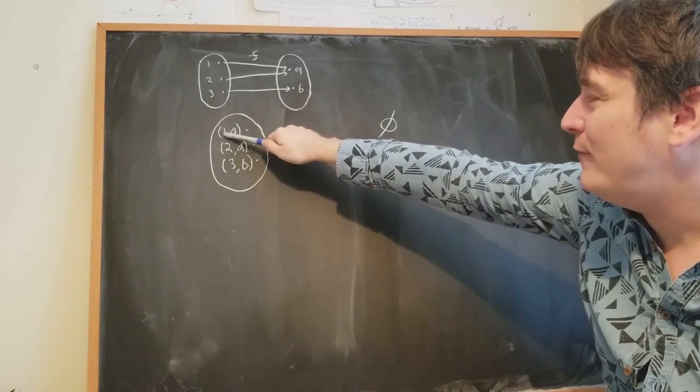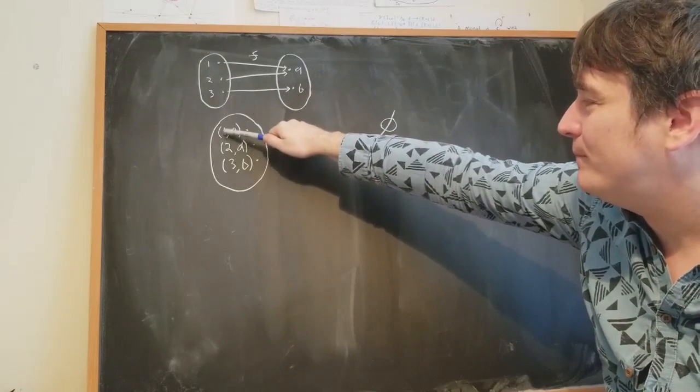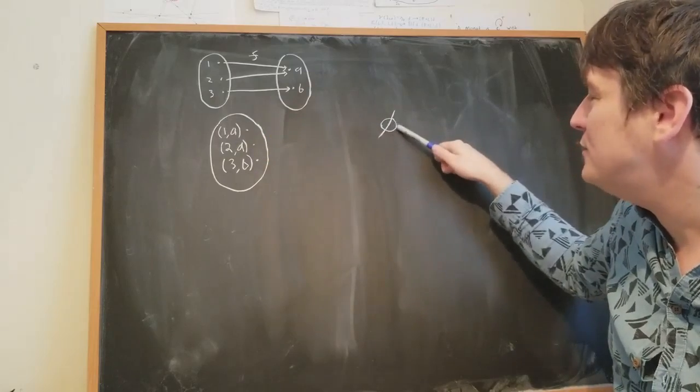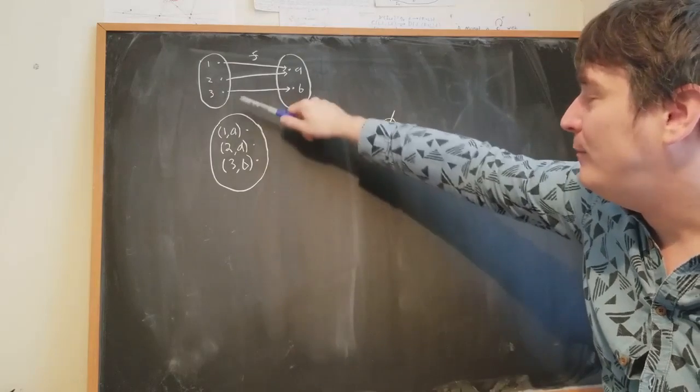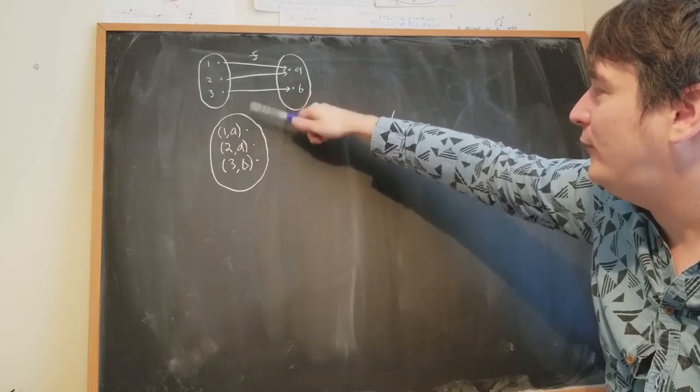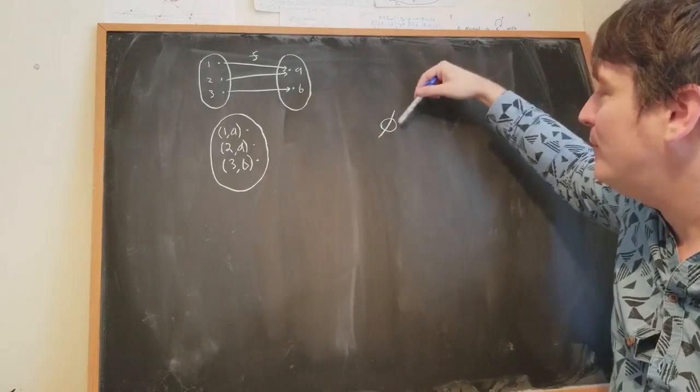It doesn't have to have any entries in here because there aren't any entries in here. So a sort of empty object like this would be describing a function, say, from here to here.